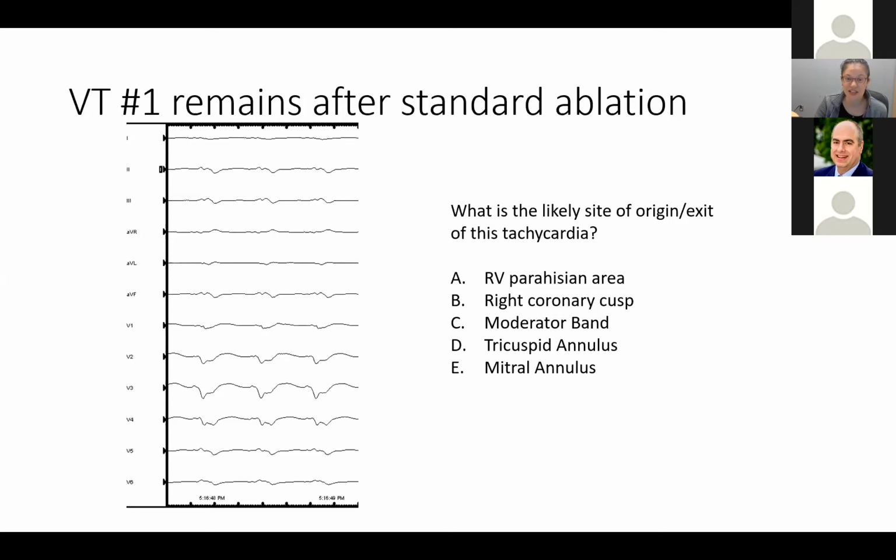So let's just take a little look at the morphology here. So it is left bundle. What I would say is there's a little funniness about the left bundle, though. It's got this isoelectric segment first. If we look at the beginning of the QRS complex, in leads 2 and 3 here, you can see that there's this isoelectric part in V1 before it becomes left bundle.